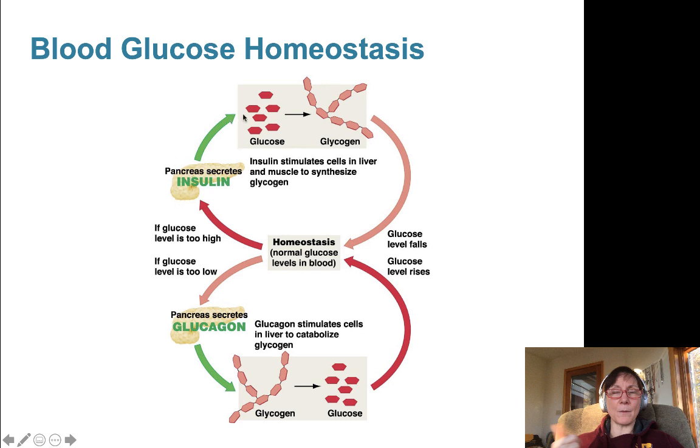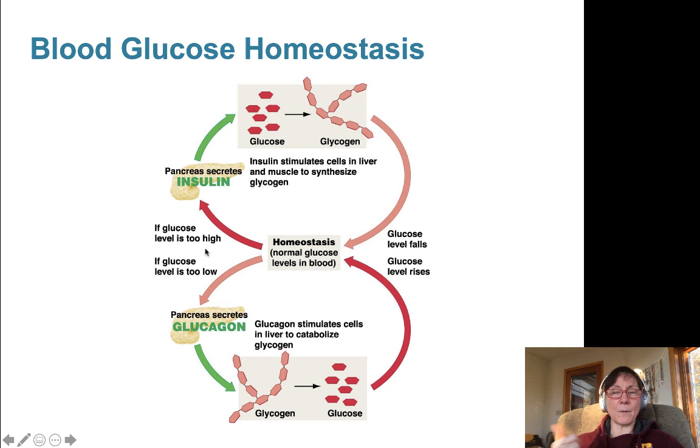That will cause the synthesis of glycogen from glucose. So basically, it's taking that sugar out of your bloodstream and synthesizing glycogen from it, which is, of course, going to consequently cause the glucose levels to fall. And if they fall into the normal range, then the release of insulin will cease.